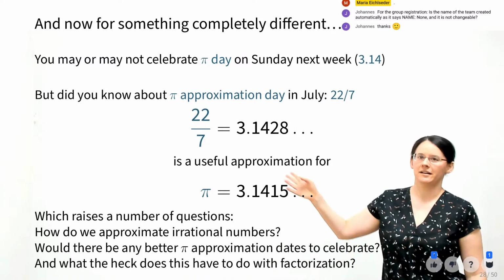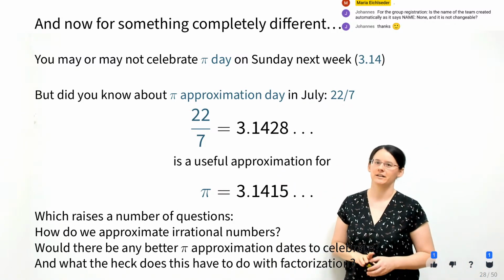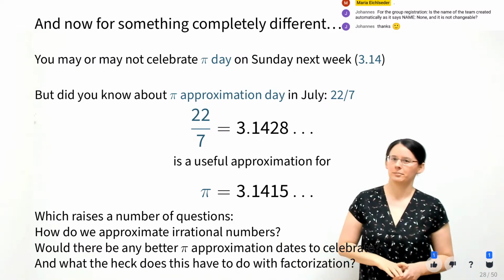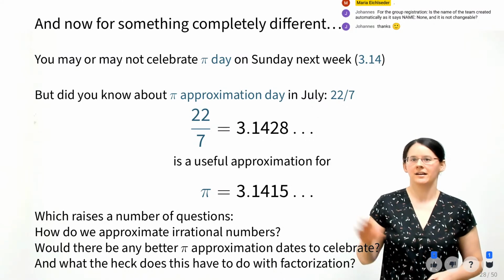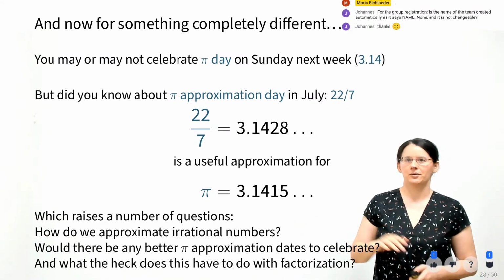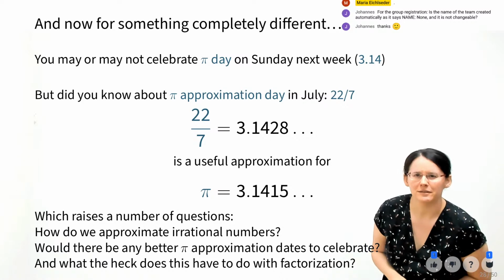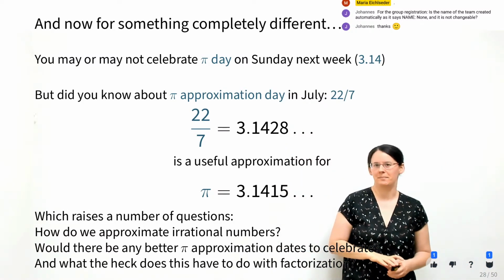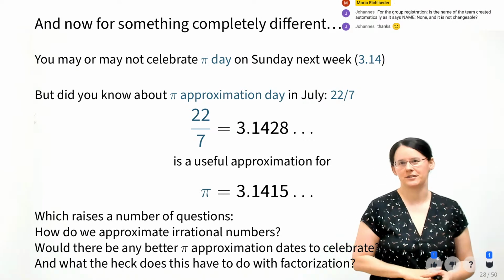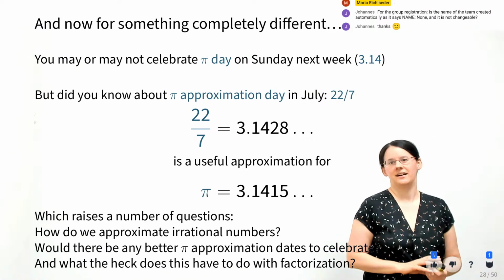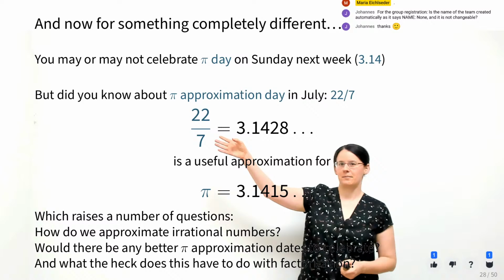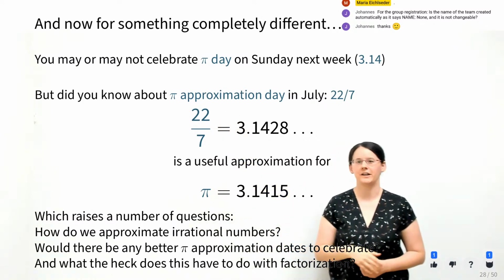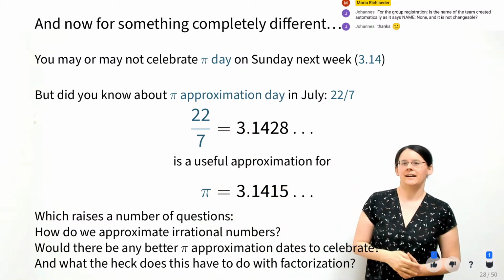So specifically, 22 divided by 7 is approximately 3.1428, and thus quite close. Well, actually it's not that much better than 3.14, but it's also relatively close to Pi. And it turns out that this number here is a so-called continued fraction of Pi.